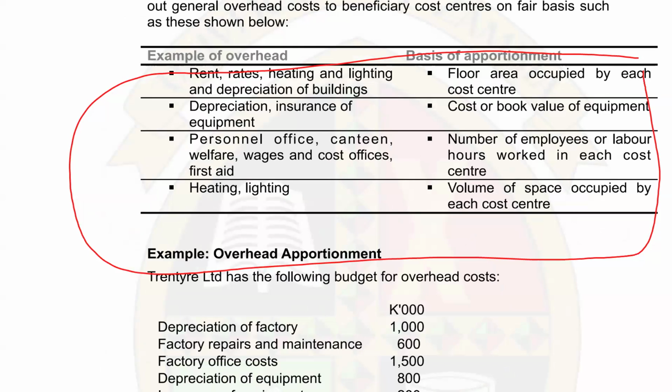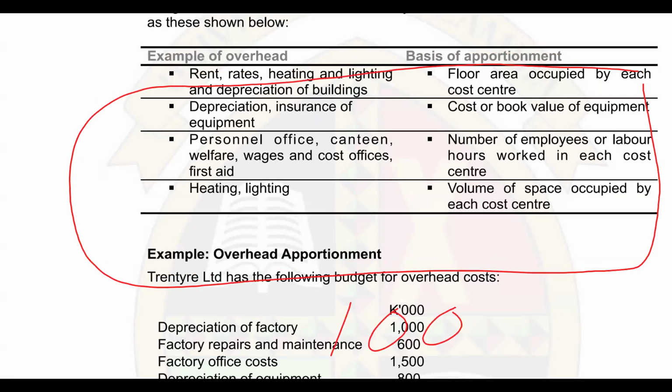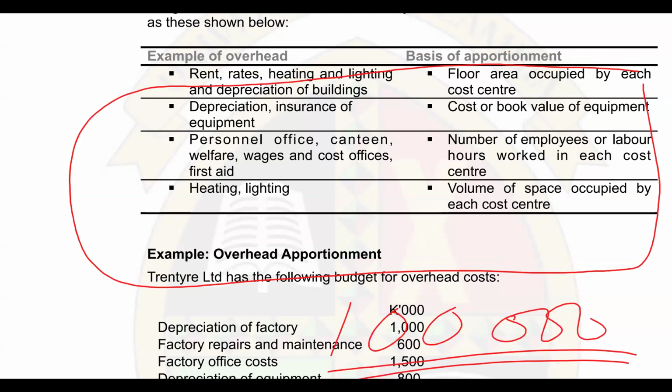Now listen carefully. Imagine Unza was receiving the bill from the landlords. Let's say, for the sake of simplicity, 100,000 kwacha. This is how much they are paying for rentals. What do you think is the best way of sharing this 100,000 among the different schools?